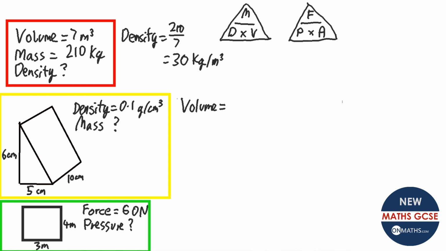So the volume is the area of triangle times the length. So the area of triangle is half times base times height.